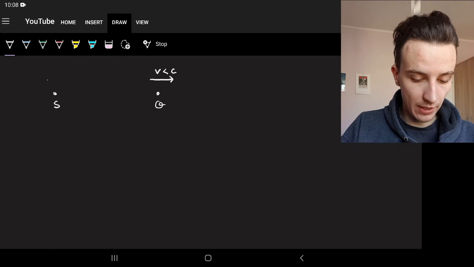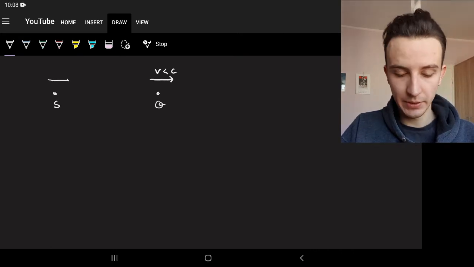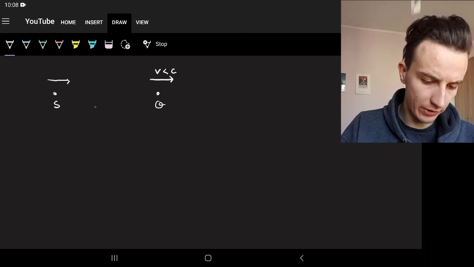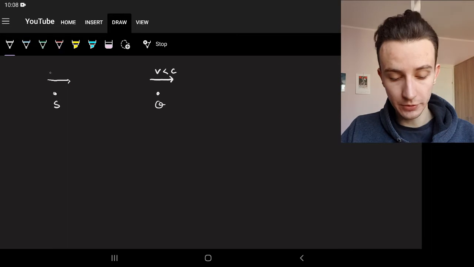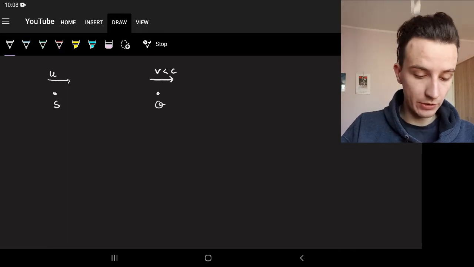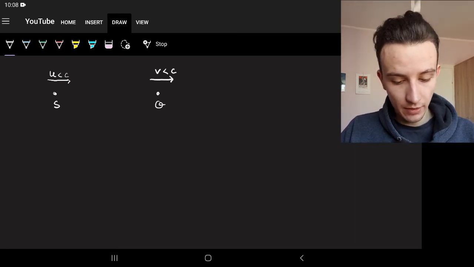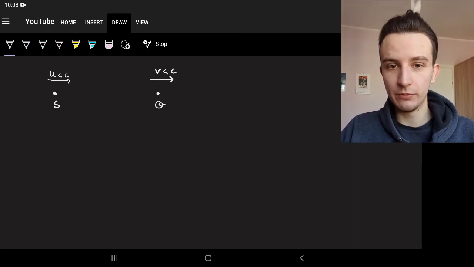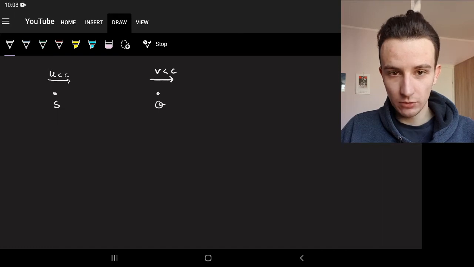Similarly, we ascribe a speed, I should rather say speed than velocity, but I prefer to say velocity, a speed u to the source, which is also less than c. When it's greater than c, we don't have the Doppler effect. We just have something moving faster than the light it's emitting. And this is all we're going to consider.